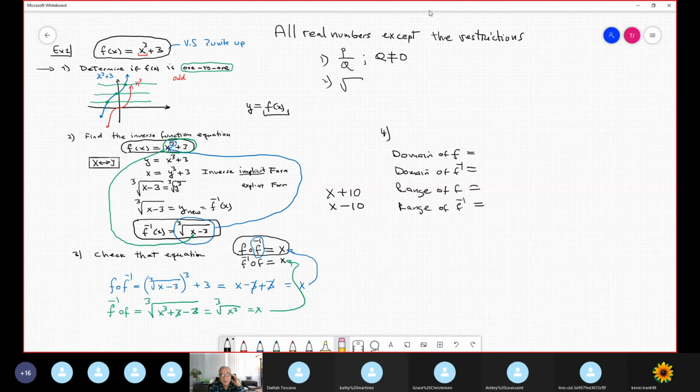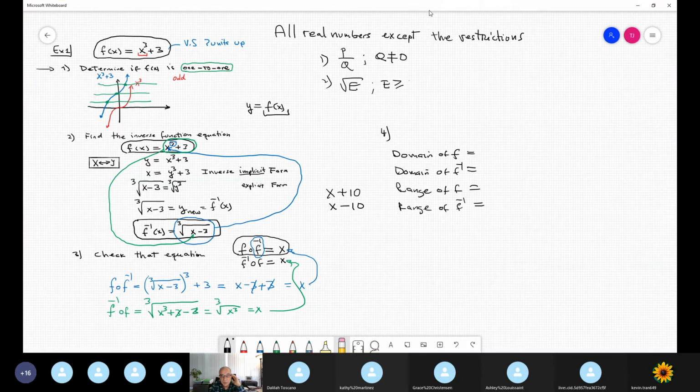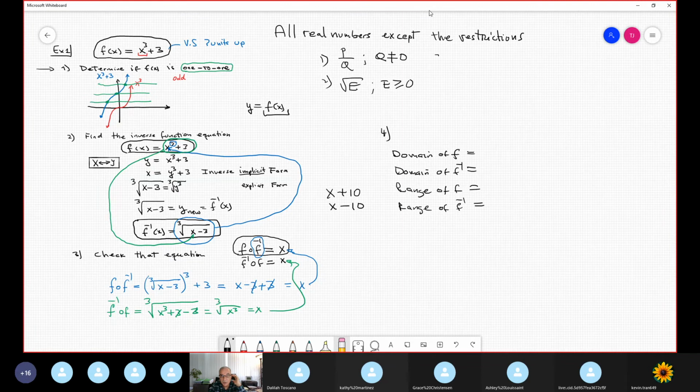Number 2 restriction is when you have a square root. The expression inside the square root must be non-negative. And number 3 is when you have a combination of both, which is P divided by the radical of Q. We have the combination, which is the expression inside the radical must be positive. And we have another possibility, there are combinations. But in this case, we have no division, we have no square root. Therefore, the domain is obvious, it's all real numbers.